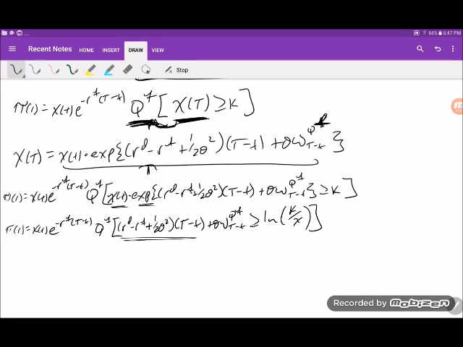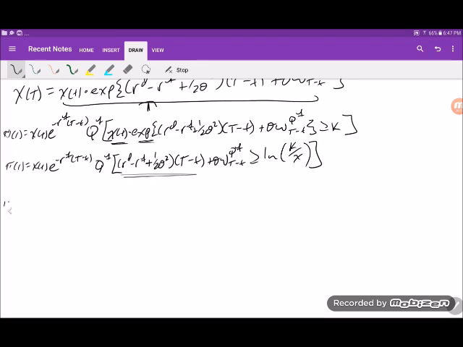Again, then I'll subtract this from both sides. Sigma W^Q.